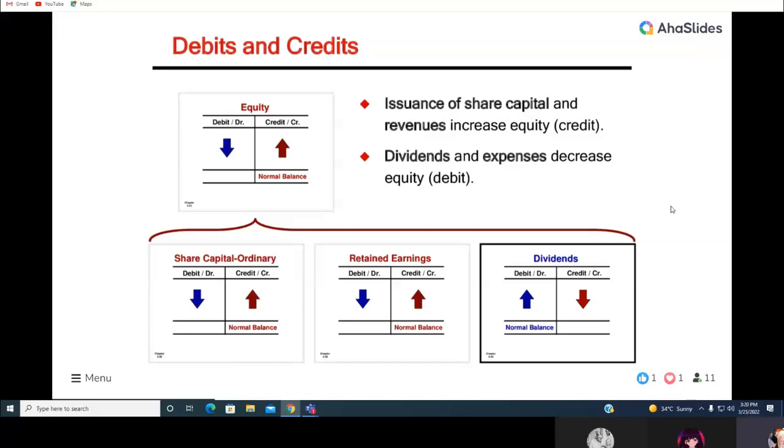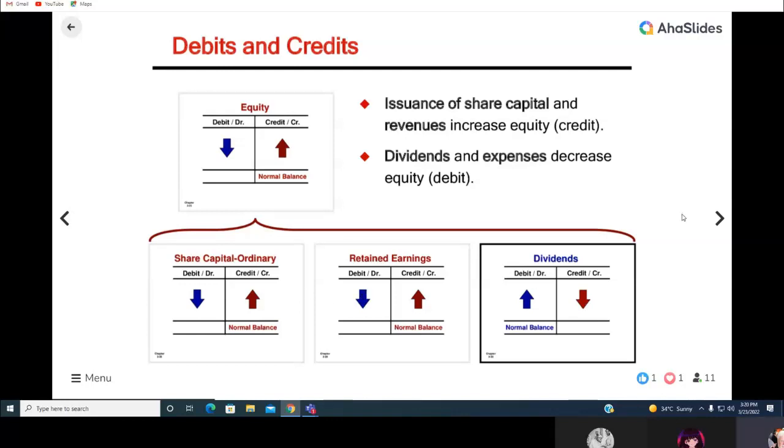But with shareholders' equity, you see, it increases when I put in share stock, when I sell stock, all right? And it decreases when I pay dividends. So when I sell stock, I record capital stock on the right-hand side. When I pay dividends, then it's going to be on the left-hand side.